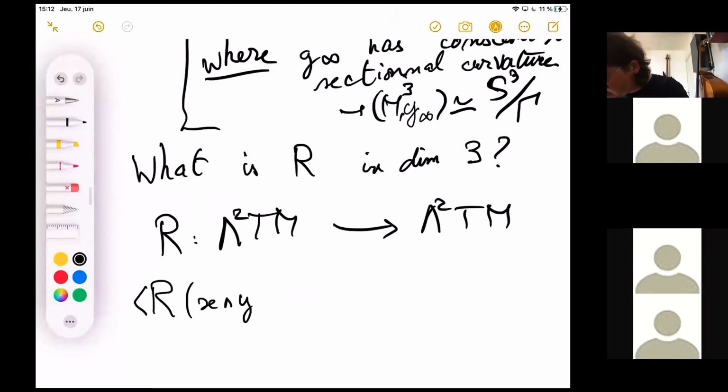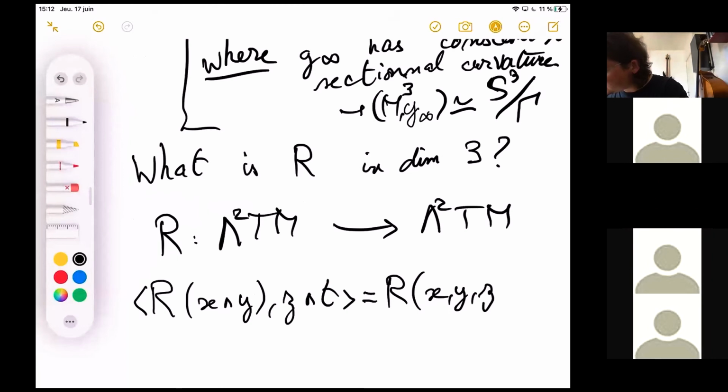The convention is the following one. If you want to express this curvature operator in terms of the four-tensor curvature, this is what it is.